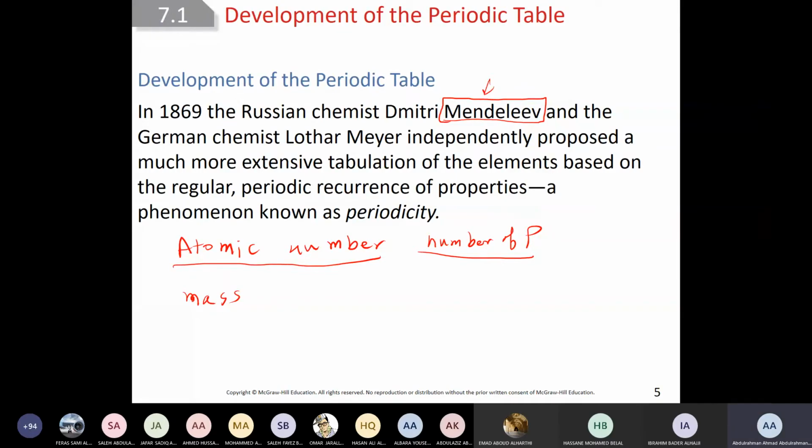And Mendeleev made a great invention by just looking at the periodic table.